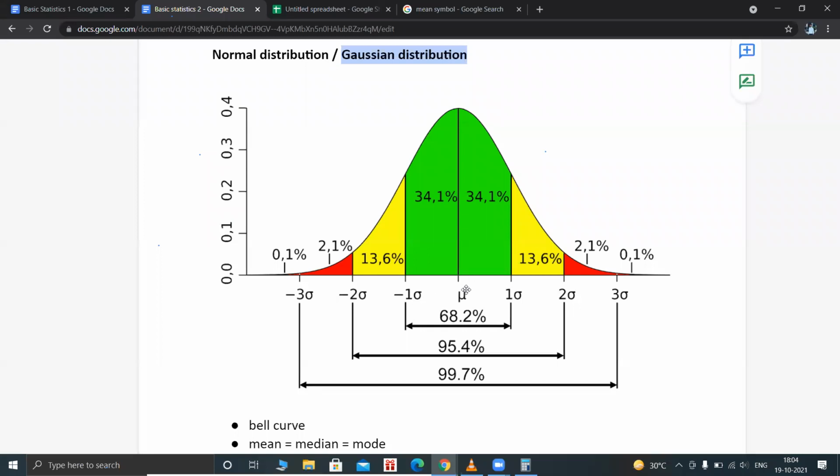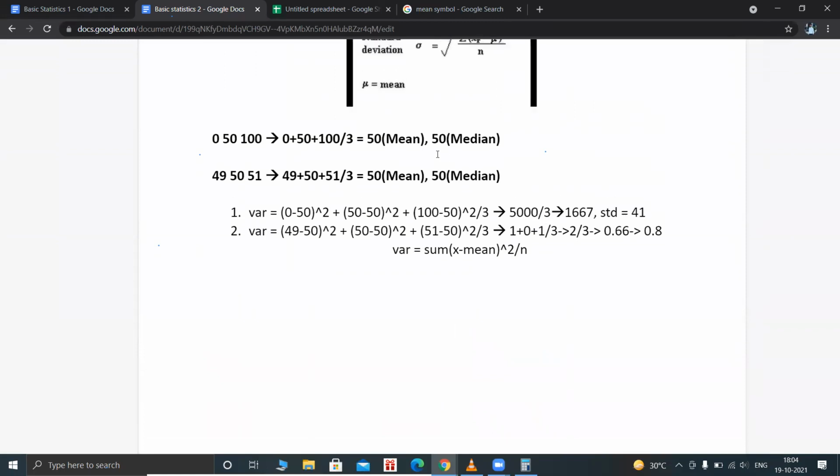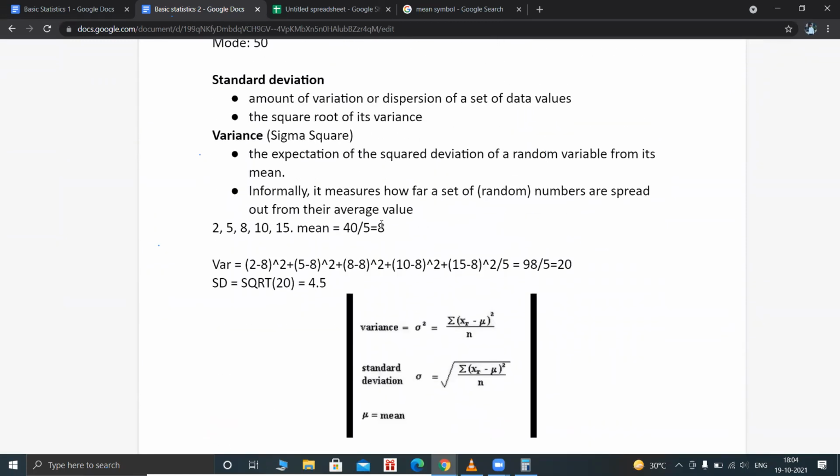One standard deviation from the mean. For example, you got the mean here as 8. For this particular data, you got the mean as 8.